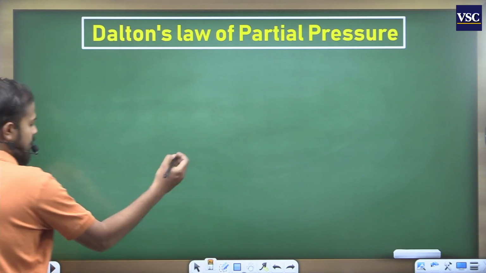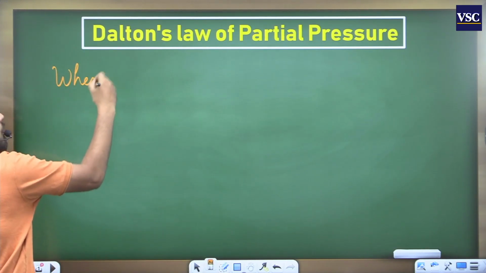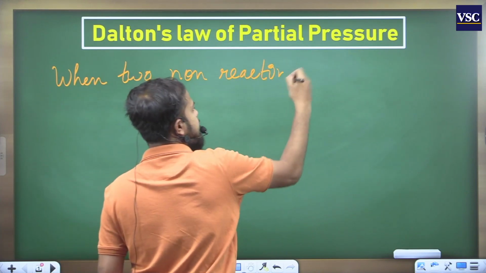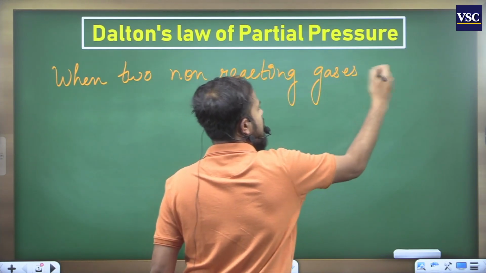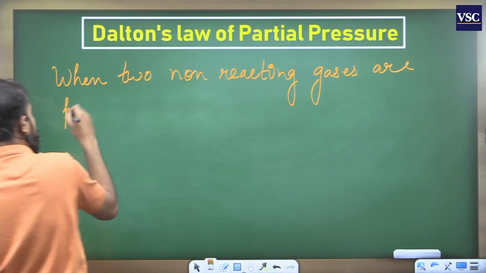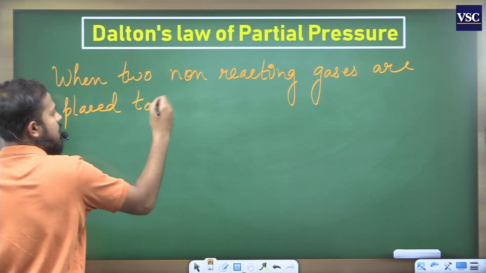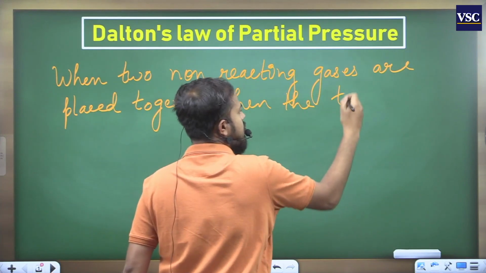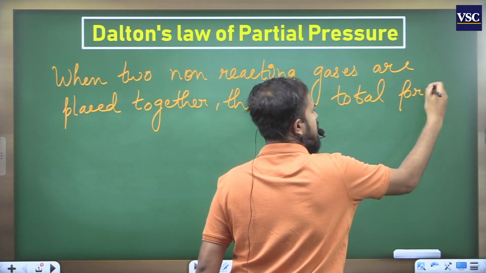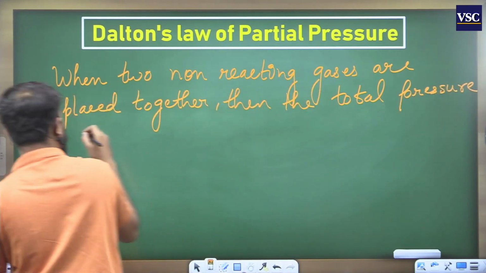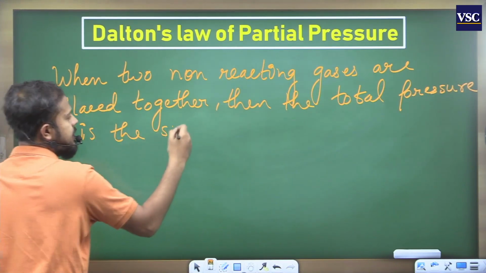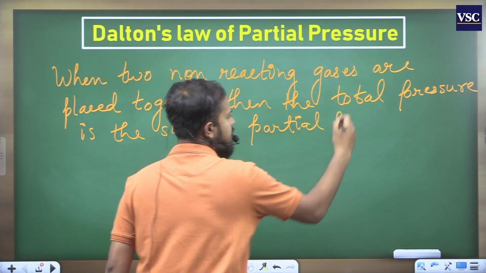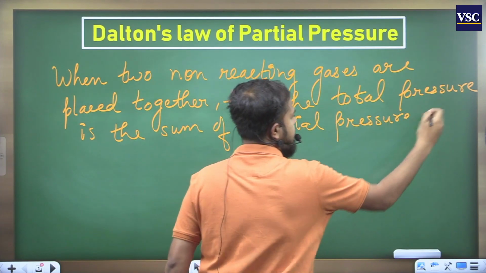So the law says, when two non-reacting gases are placed together, then the total pressure is the sum of partial pressure of each gas.